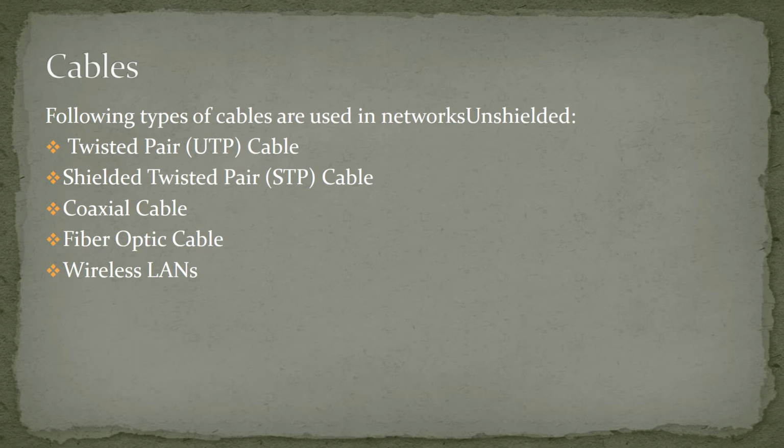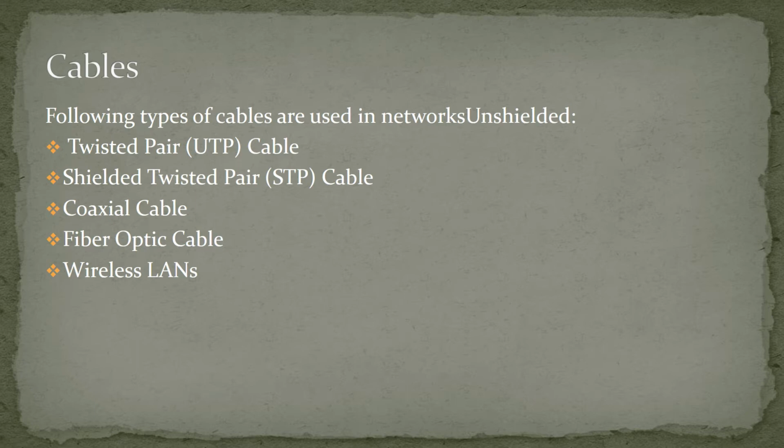Then cables. There is a wide variety of cables depending on the requirement, speed, cost and affordability of a network. There are too many options available. The very basic form of communication channel that is used is the twisted pair cable, also known as unshielded twisted pair cable, that is UTP.